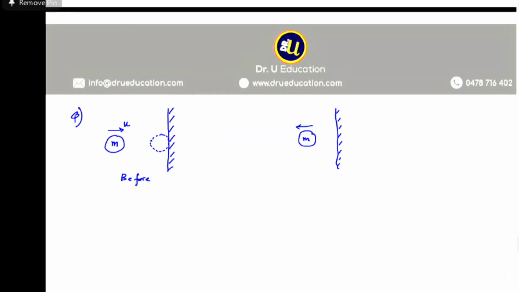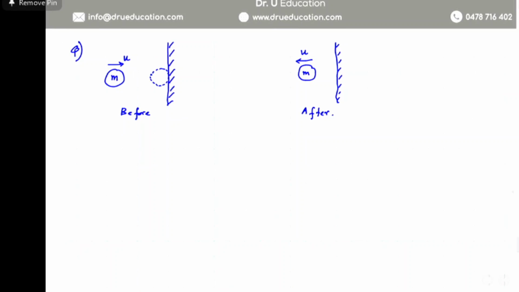After collision, it will turn back and will have the same velocity u there. So this is after. My question is, find the momentum difference. That means find the momentum change, in other words.